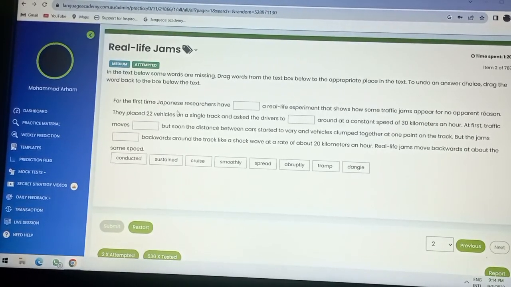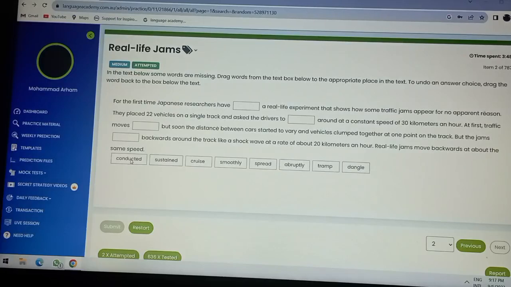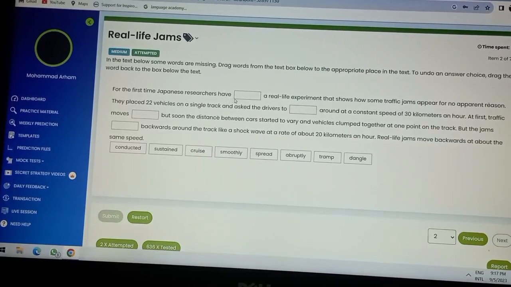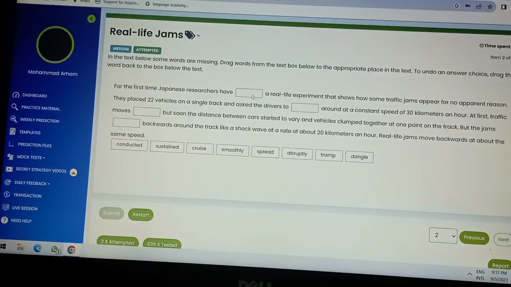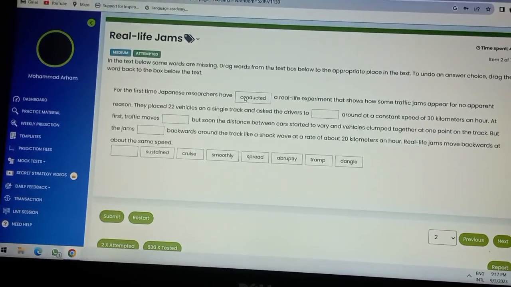For the first time, Japanese researchers have dash a real life experiment. Here it is the first form, ed form, and I have already discussed the ten grammar rules in previous videos on how to solve fill in the blanks, so go and watch them. In this blank, have is followed by the third form, conducted.